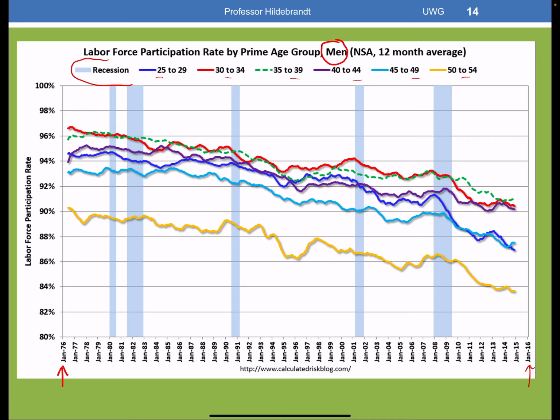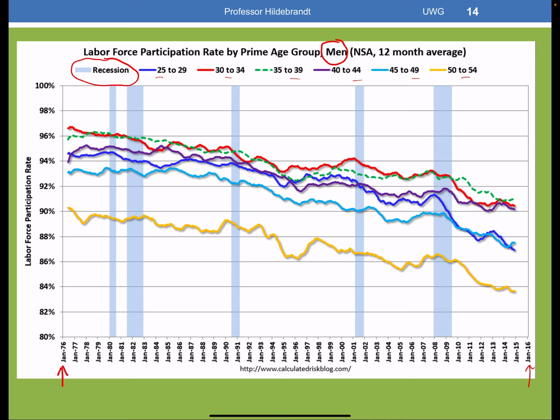The blue bars that you see in this graph represent periods of recessions, okay? So we had contractionary periods throughout these several decades. Overall, we can see some trends. The main trend for men in general, regardless of age, is actually lower labor force participation rates, right?